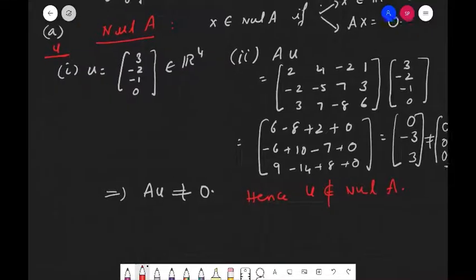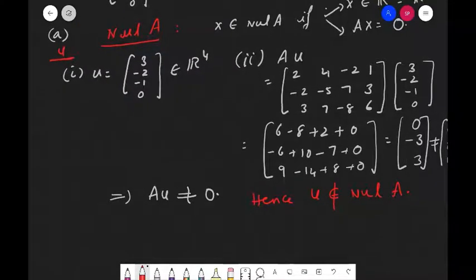Now let us look at the vector v. The vector v is (3, -1, 3).